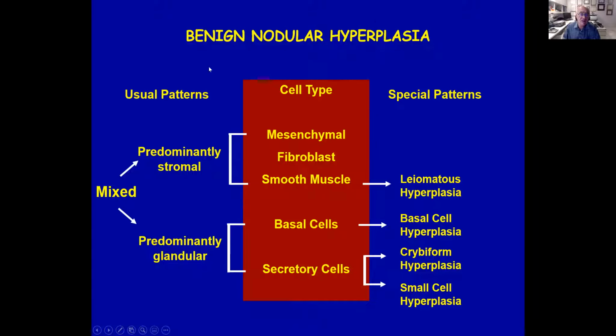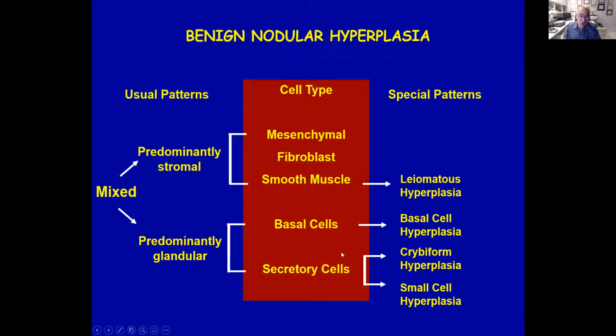And here you can see the different classifications of these nodules based on the amount of the cell type that they are going to have. Many times we are going to have just very pure mesenchymal or fibroblastic or smooth cells in this hyperplasia that is mostly leiomyomas, very similar to the ones that are present in the uterus.